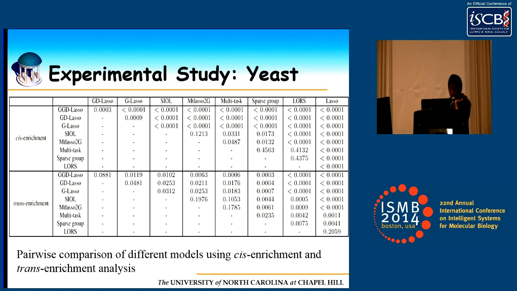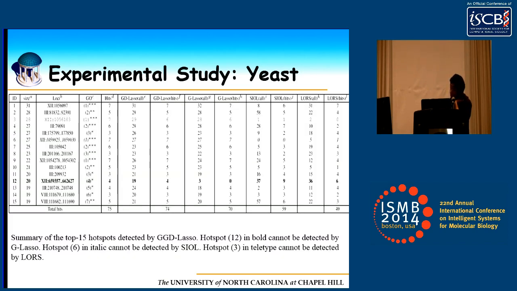We also report the gene ontology analysis results for the top 15 hotspots detected by GGD-Lasso. We will see that all the 15 top-ranked hotspots detected by GGD-Lasso are significantly enriched in some gene ontology category.